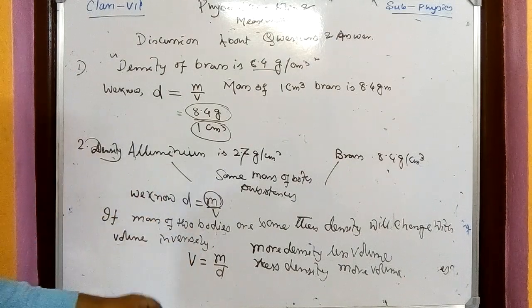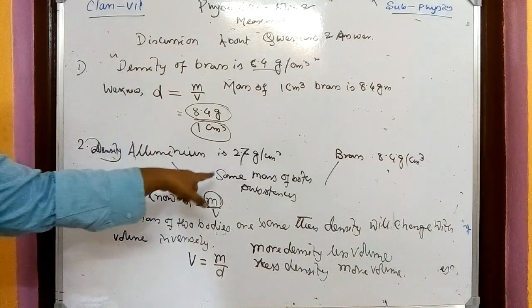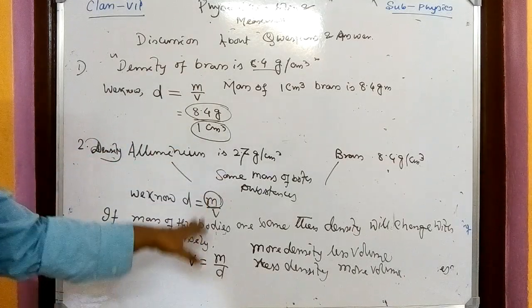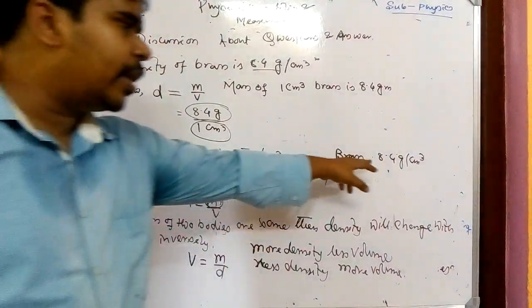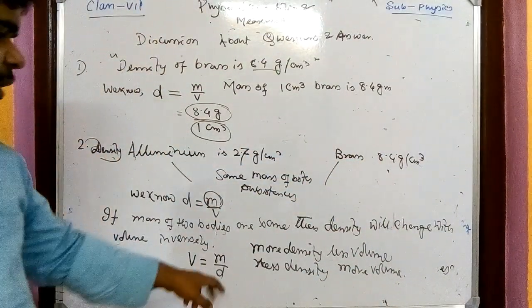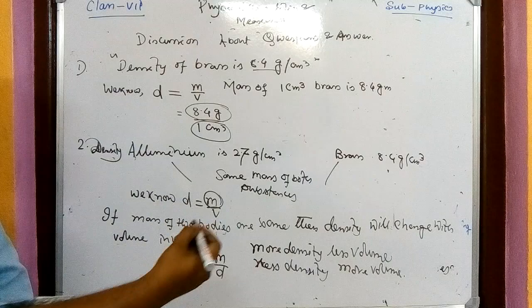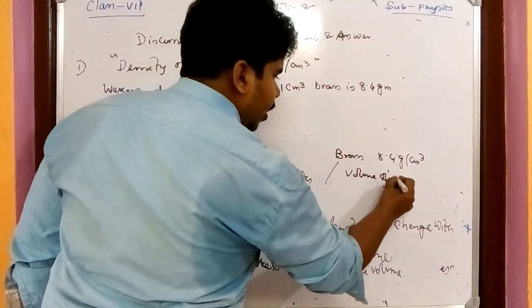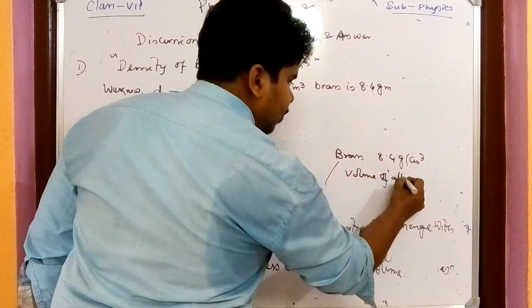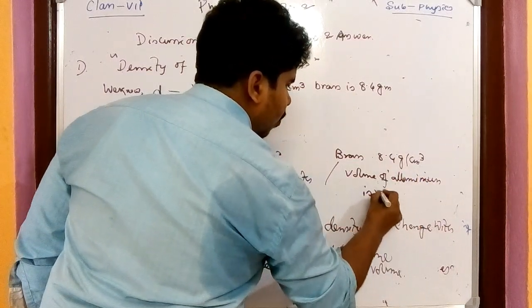I have told earlier, if the denominator is less, volume will be more. So in the case of aluminium, the volume will be more. But for brass, the density is more, so more density means less volume. So from this we can say the volume of aluminium is more.